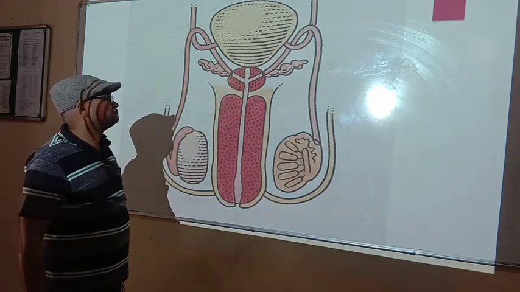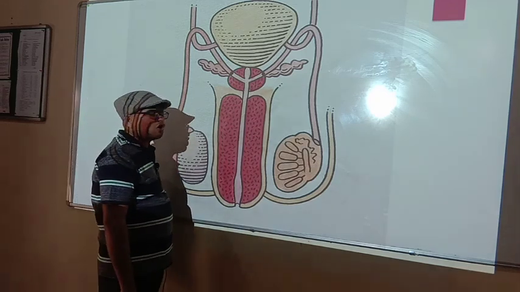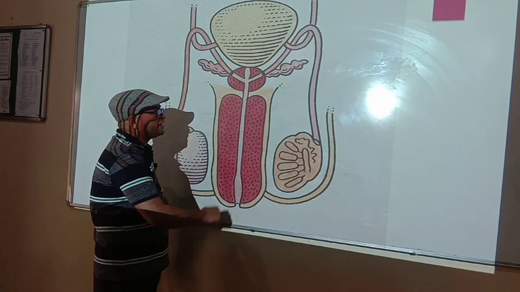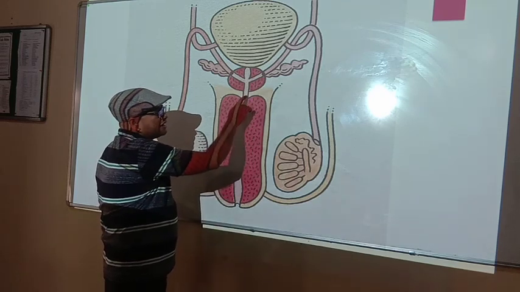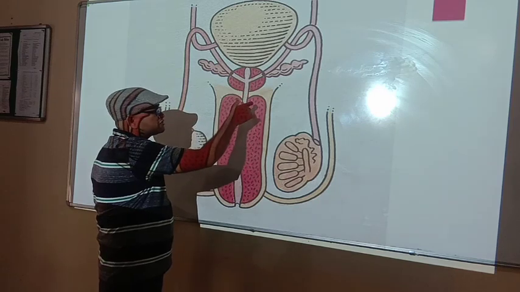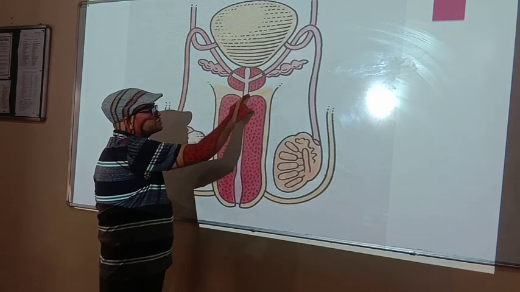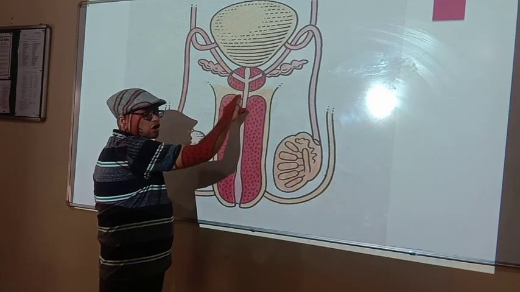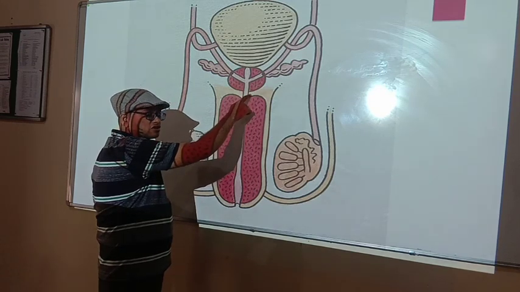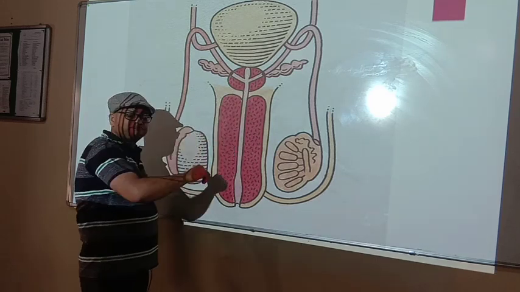And third are the bulbourethral glands or Cowper's glands. These are located at the upper surface or outer surface of the membranous urethra, just like this point. The Cowper's glands or bulbourethral glands are not seen here. So these are the three glands.